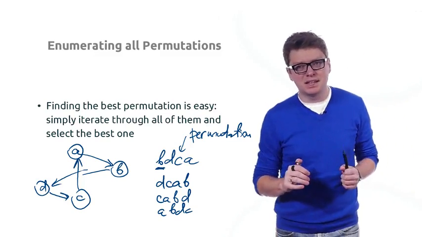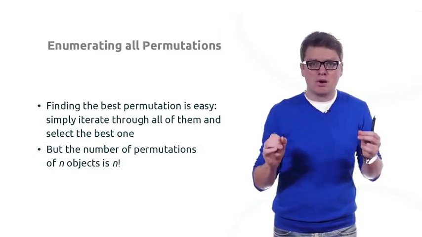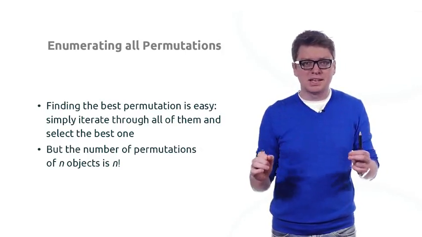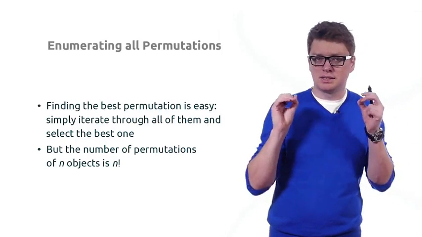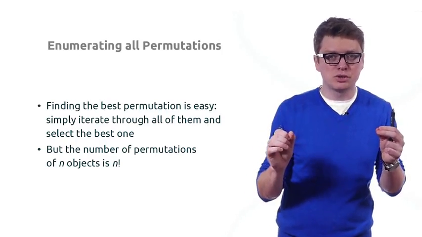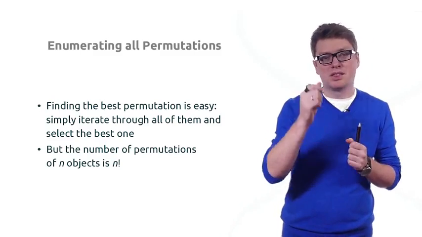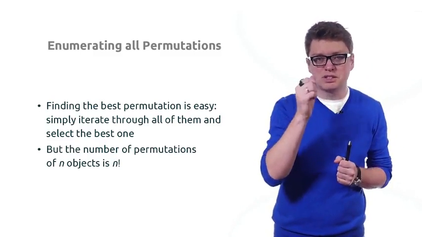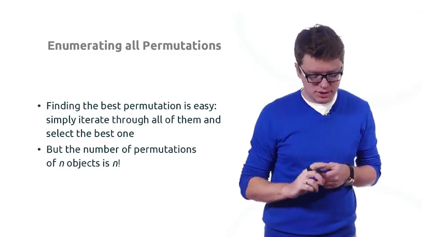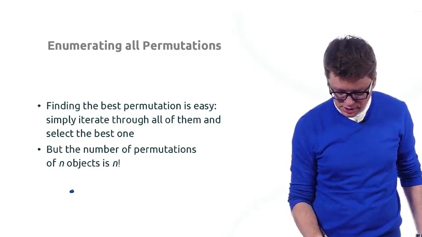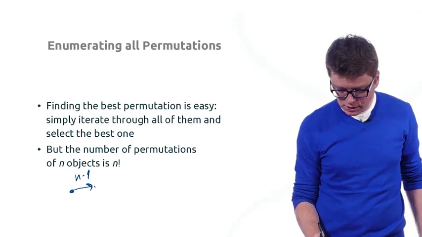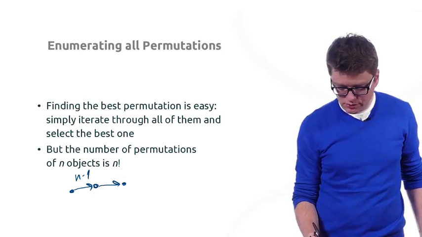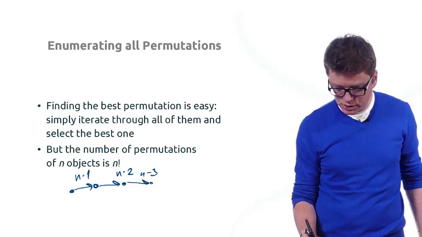This basically tells us that the number of different cycles is n minus 1 factorial. So n factorial is the number of all permutations of n objects, but because we can assume that the first node is fixed, for the second node there are n minus 1 choices, for the next one there are n minus 2 choices, for the next one there are n minus 3 choices, and so on.